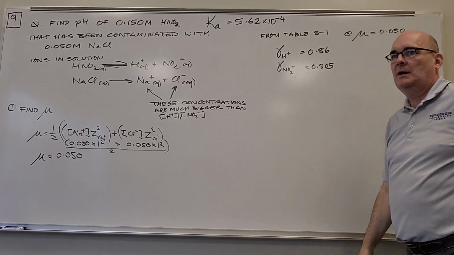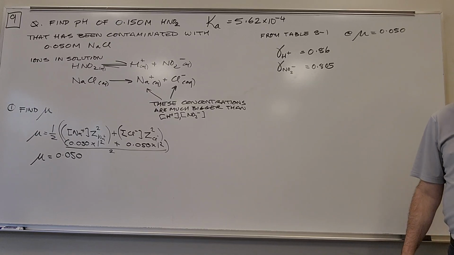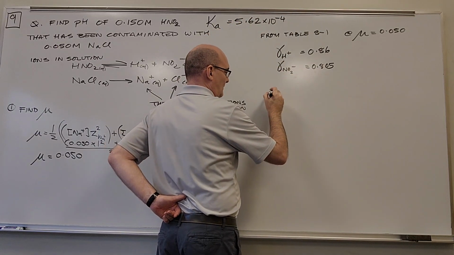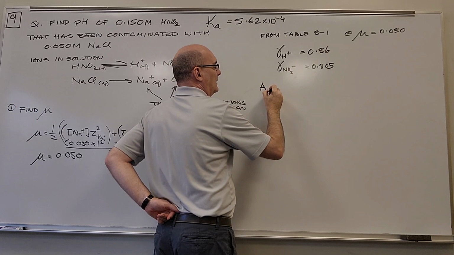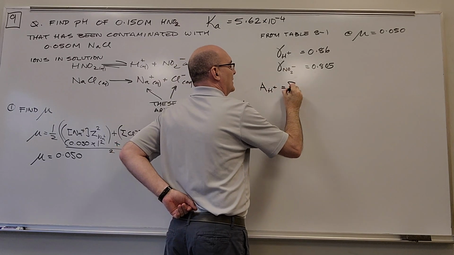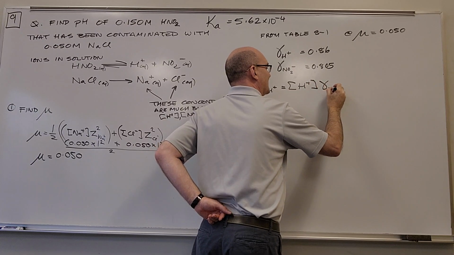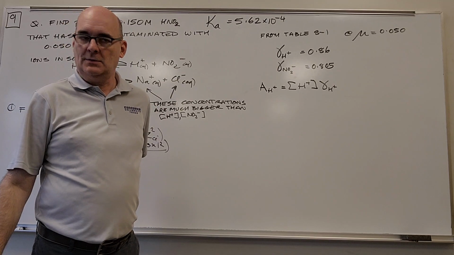Okay. All right, now I have activity coefficients. What am I going to do with them? Multiply that by our concentration. So the activity of H plus is the concentration of H plus multiplied by its activity coefficient.